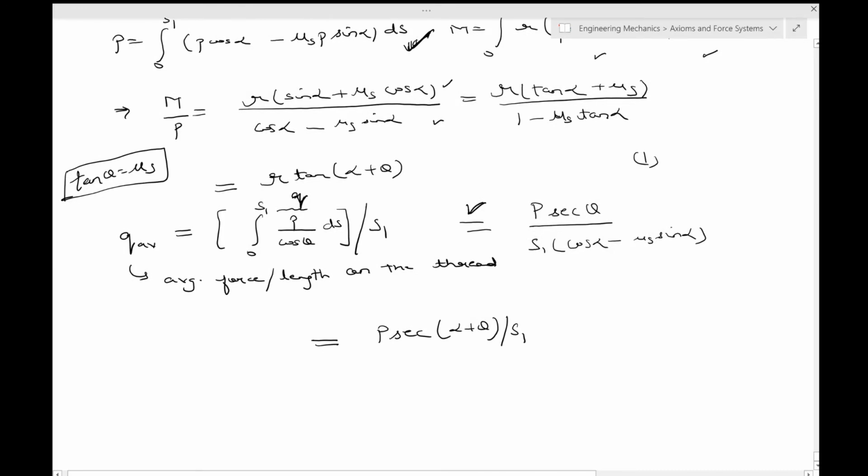Remember in the belt we had the so-called maximum allowable tension.